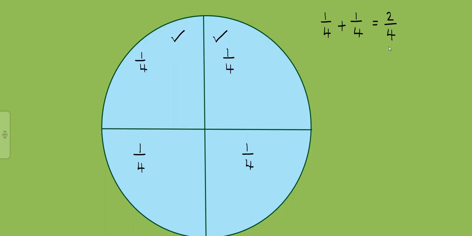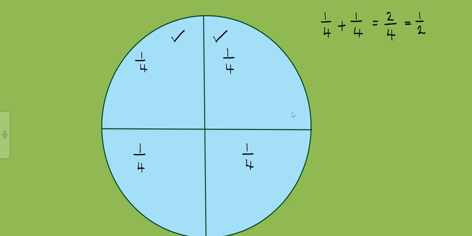And then in the tradition of what we've been doing with fractions, we're going to simplify that. 2 quarters can be simplified to 1/2. They both share a factor of 2, so 2 quarters becomes a half.